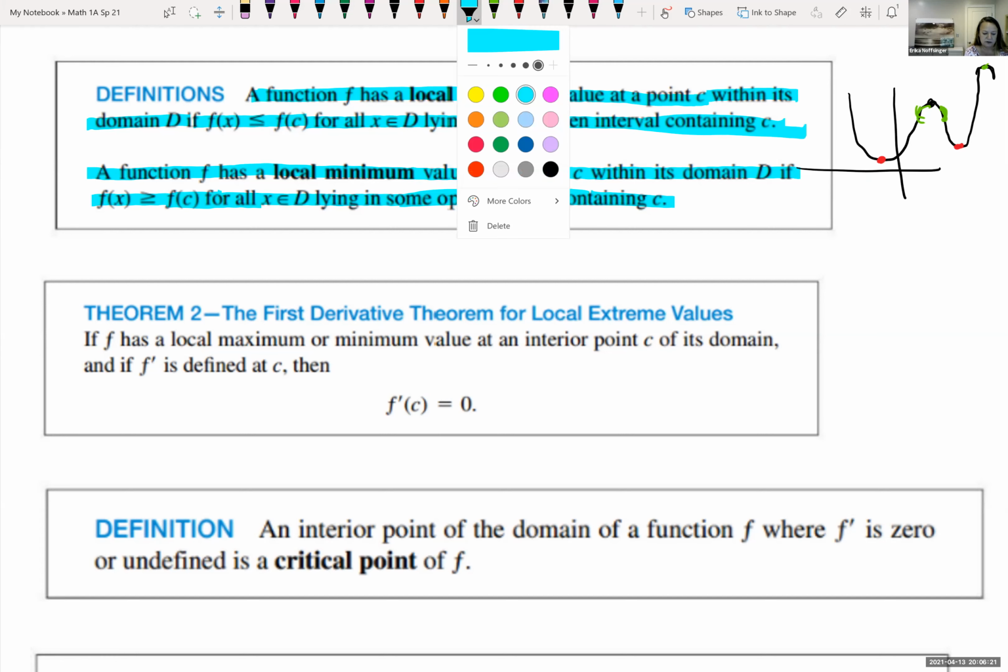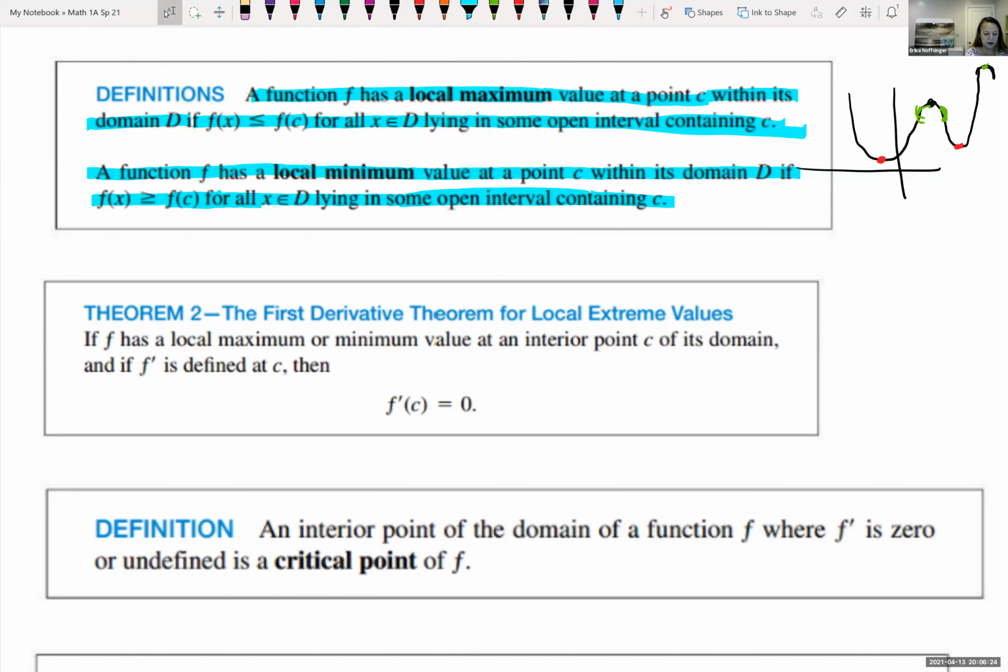This next theorem is how we would find where we would have any local max or local mins. This is the first derivative theorem for local extrema values, which says if f has a local max or a local min value at an interior point c of its domain, and if f prime is defined at c, then it must equal 0.